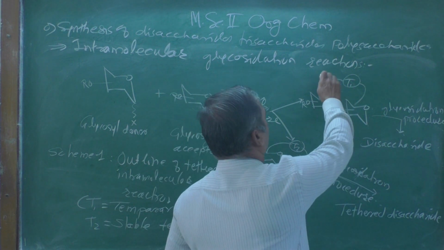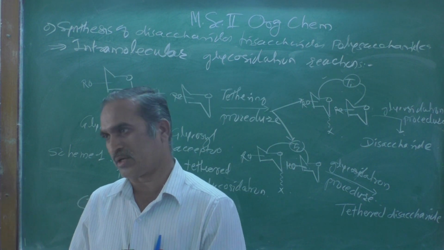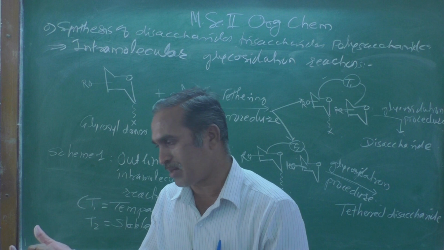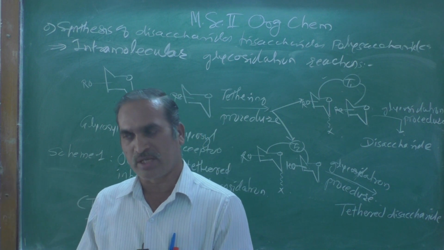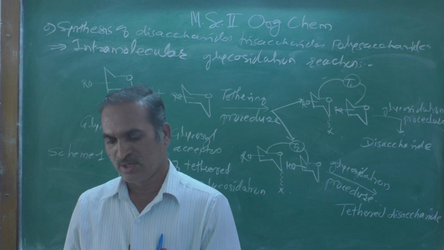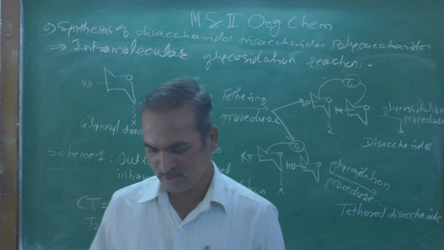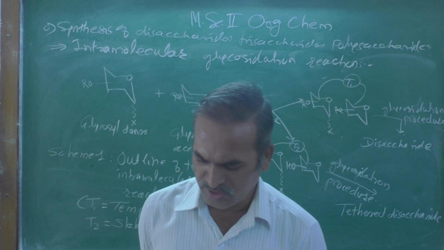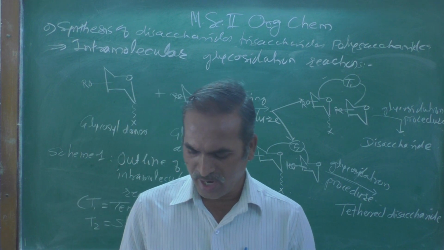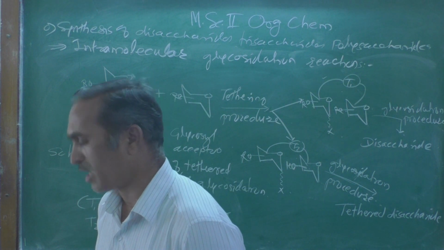T1 is a temporary tether, meaning that this blocking of the group, whenever we require the desired product, we can easily remove, and that is why it is known as temporary. But if the tether is stable, we cannot remove it as per requirement. So these are reactions in which the tether participates, tethering to the glycosyl donor, that is a carbon tether.